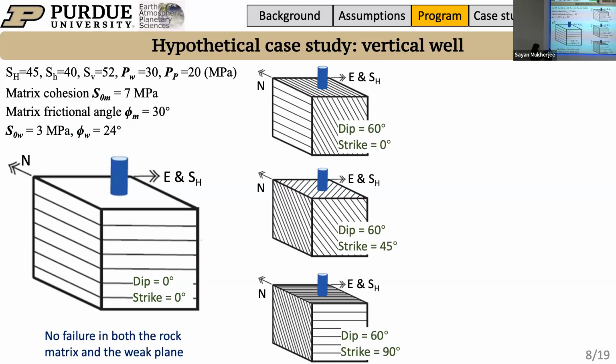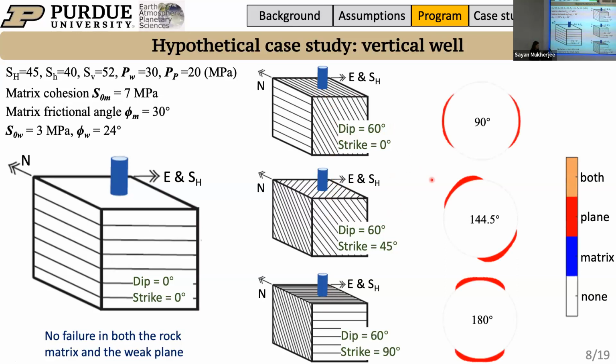So I fixed the dip angle at 60 degrees. Then I changed the strike from 0 degrees to 45 degrees and to 90 degrees, and to see how the wellbore fails.